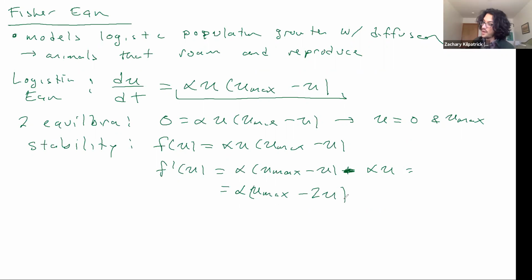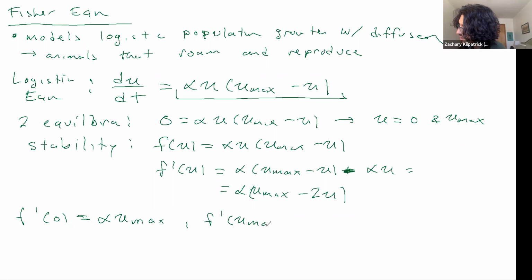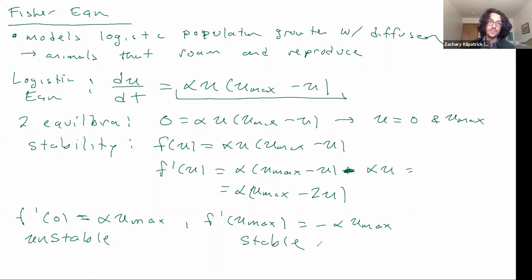So the stability of our fixed points is f prime of 0 equals alpha u max, and f prime of u max equals minus alpha u max. And so that makes this point unstable, and that makes this point stable.